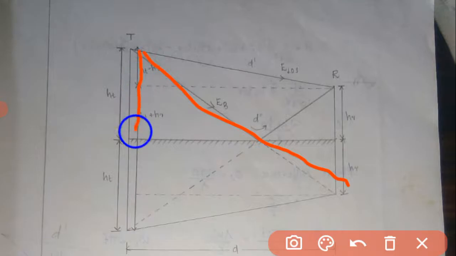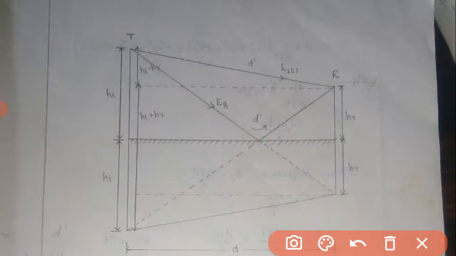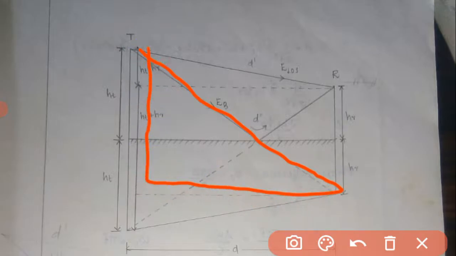So we have to just consider this triangle. This distance is D double dash, and this vertical distance is up to the height of the transmitting antenna, then up to the height of the receiving antenna.